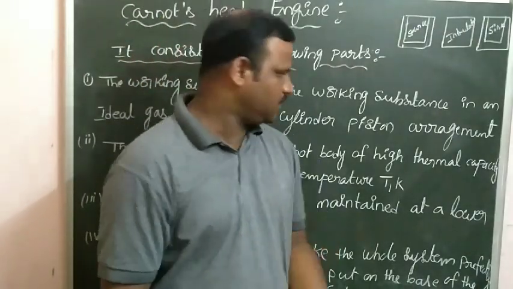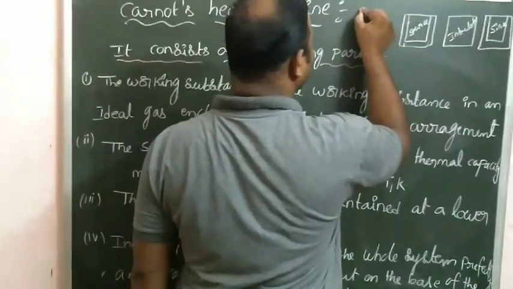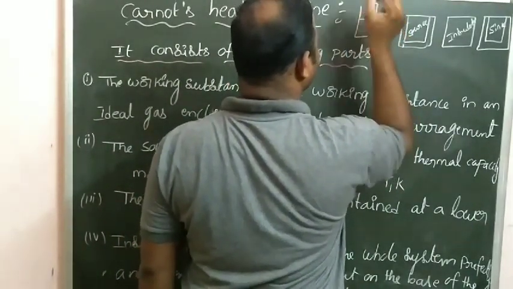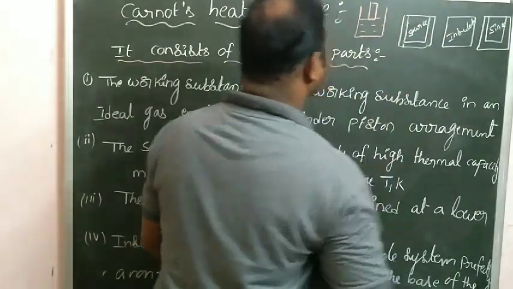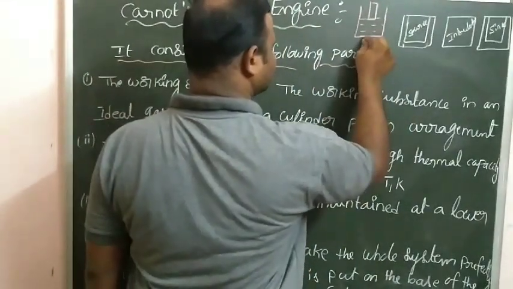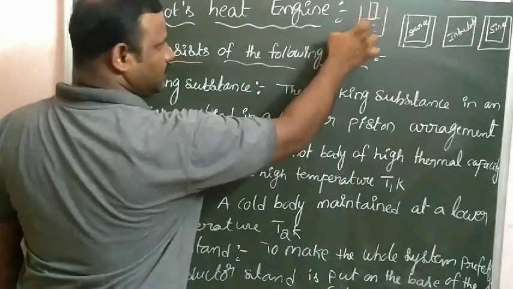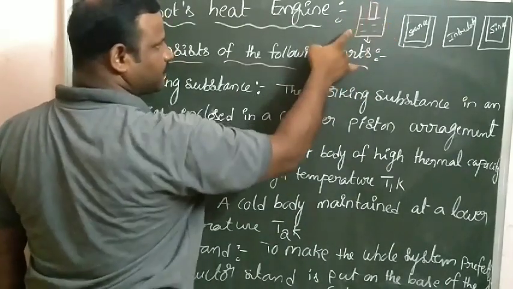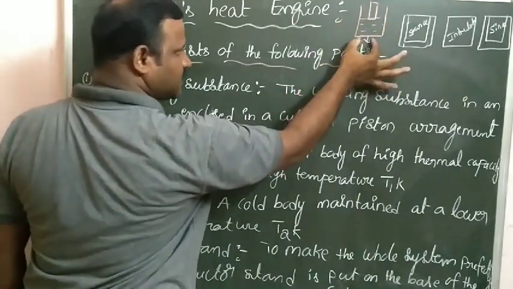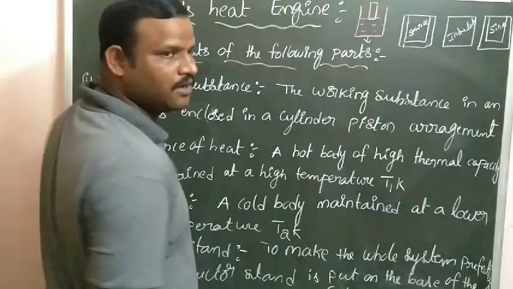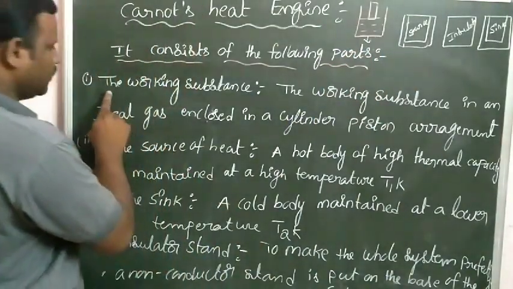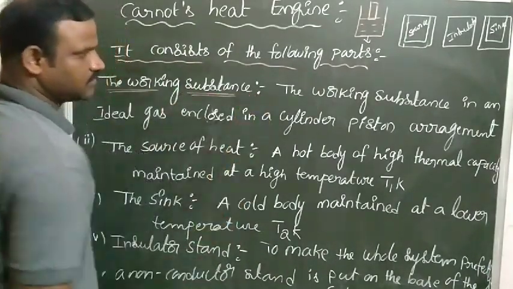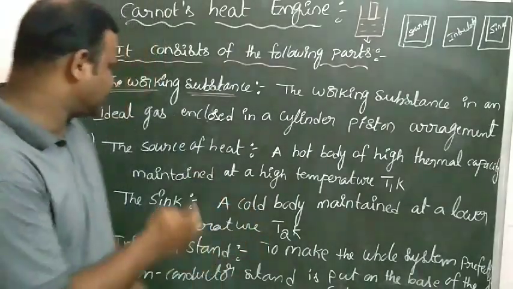This is the non-conductor, the base. Okay, this is the inside of the gas, closed gas. Next, this is the piston, this is the working substance. The base is called a non-conductor or insulator. First one, the working substance.